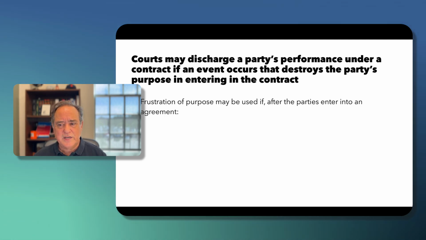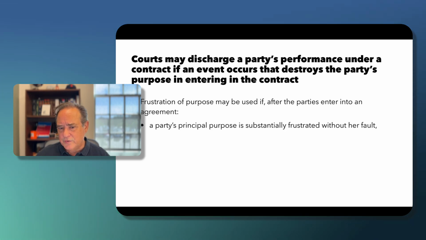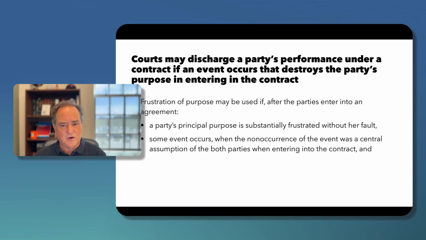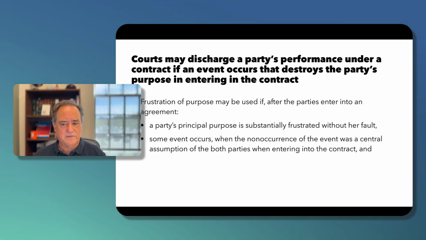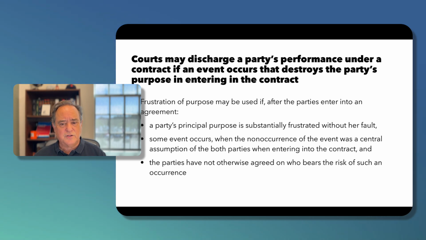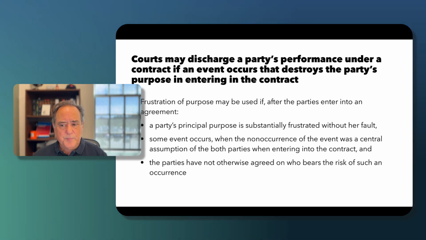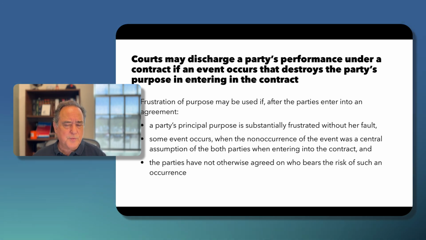So frustration of purpose may be used if after the parties enter into an agreement, a party's principal purpose is substantially frustrated without their fault, and some event occurs when the non-occurrence of the event was a central assumption of both parties when entering into the contract, and the parties have not otherwise agreed on who bears the risk of such an occurrence.